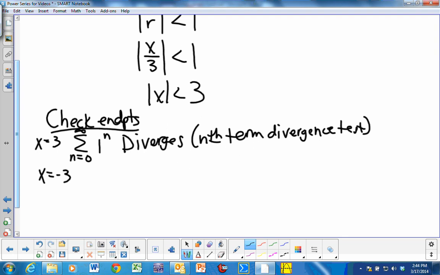If x equals -3, then you will end up with -1 to the n, because you'll have -3 over 3, which also diverges for the same reason. If you take the limit, you don't get 0. So we're going to get both of these endpoints diverging.